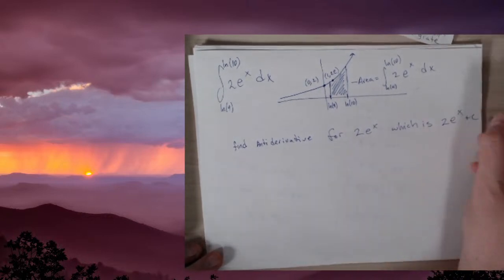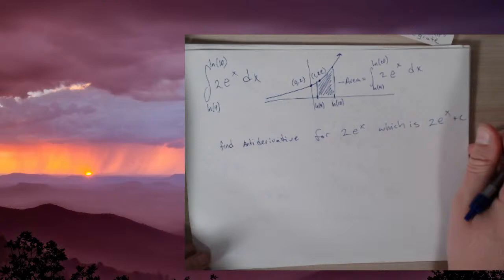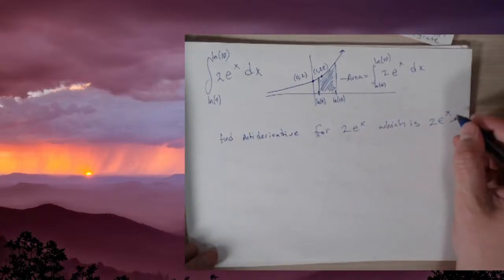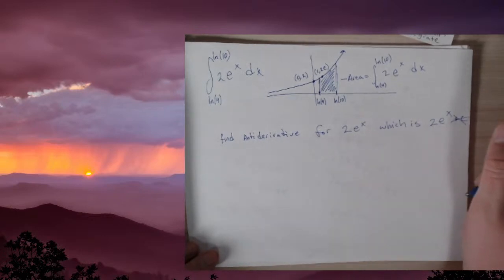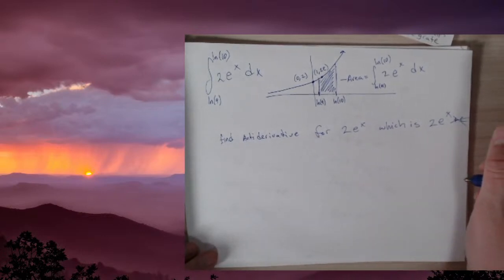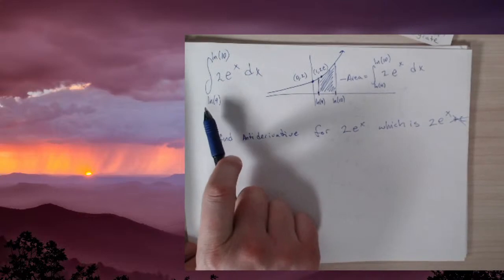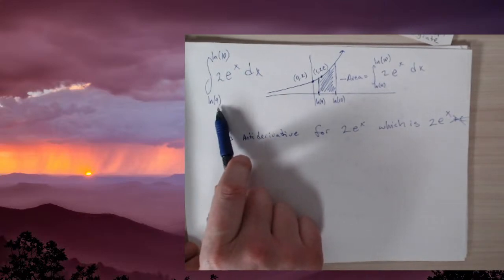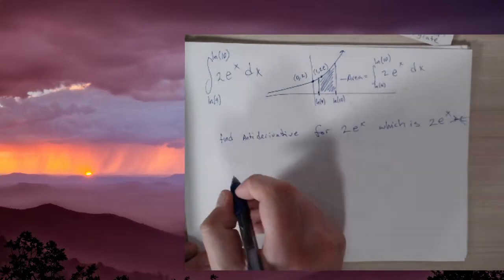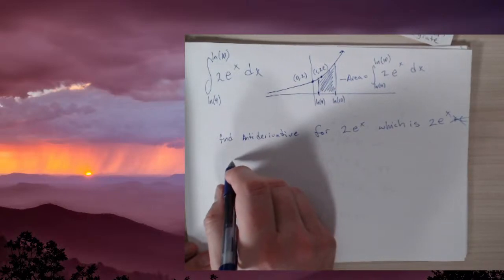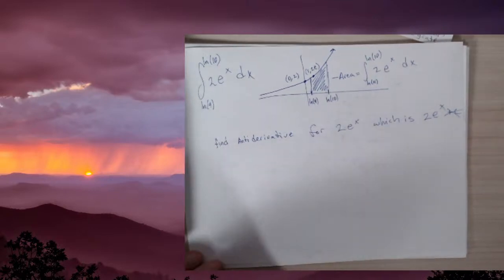Strictly speaking, it's plus c, but the fundamental theorem of calculus says I can do it for any c, so who cares? I'll just choose c to be 0. It actually doesn't matter what c you choose, as we'll see in the calculation in a minute. Forget the c. Any time you're calculating a definite integral like this, you don't ever have to worry about the constant.